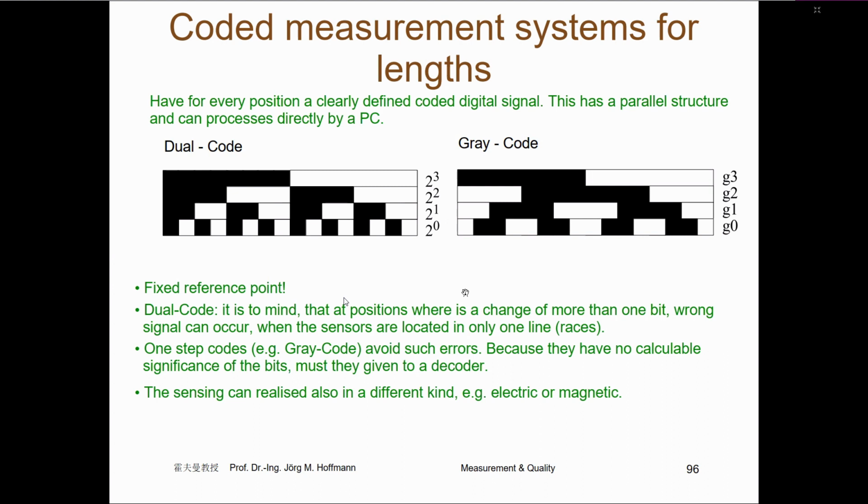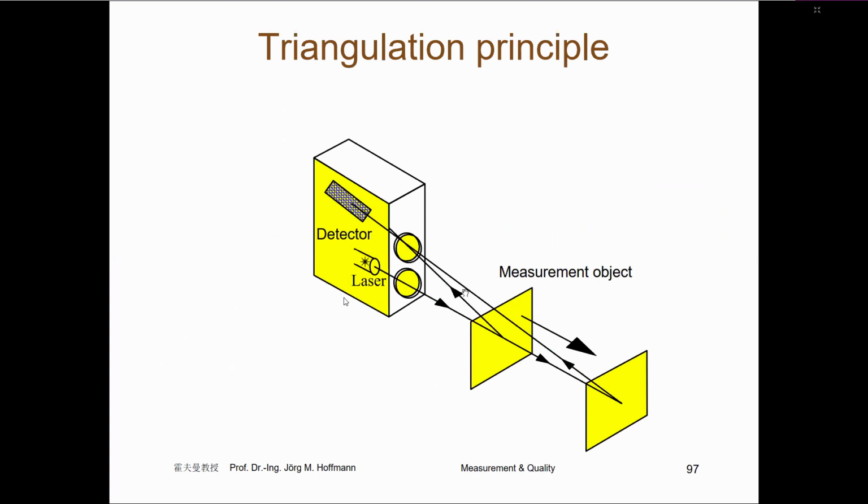No? Then we go to the triangulation principle. That's a distance measurement system where we measure with a laser, but it should be independent of the color of your measurement object.